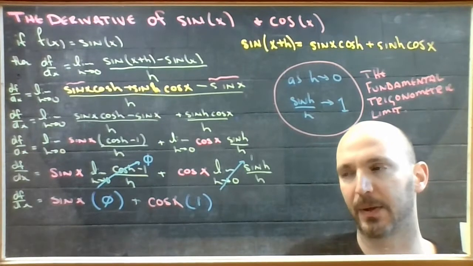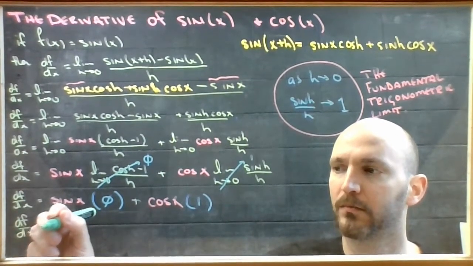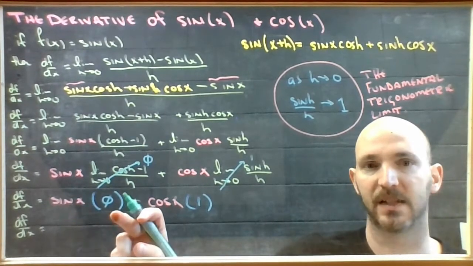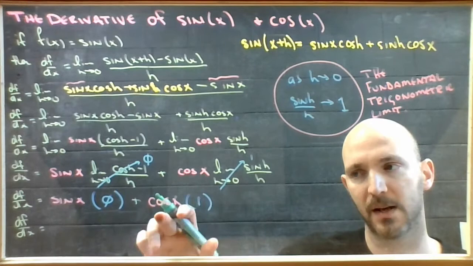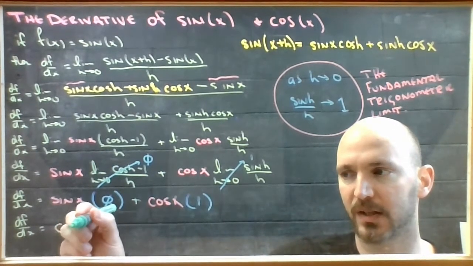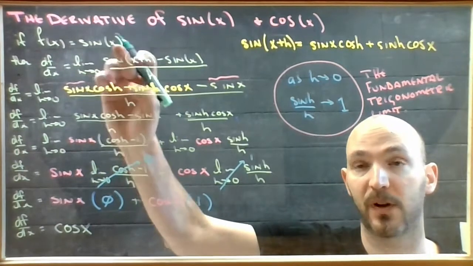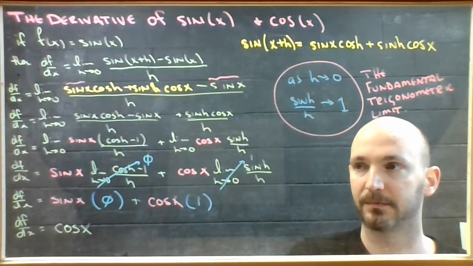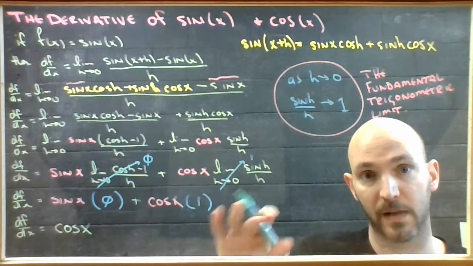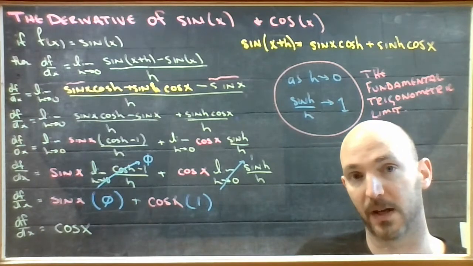So altogether, my derivative is sine x times 0, well, 0 times anything is gone, and 1 times cos is just cosine x. So it turns out that if your function is sine x, then the derivative is cos x. I'm going to erase this, and we're going to try the derivative of cosine and see what we get for that.